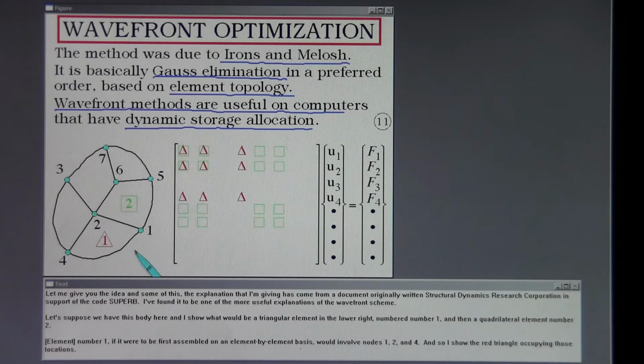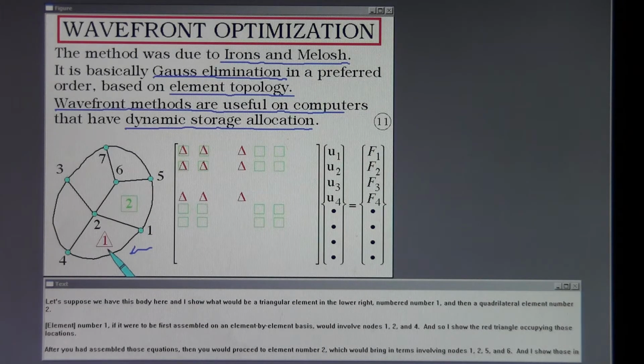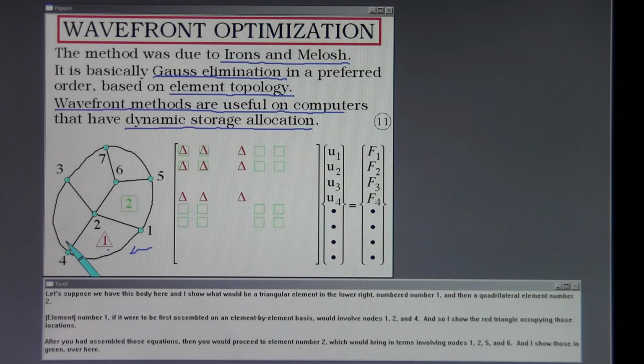Let's suppose we have this body here, and I show what would be a triangular element in the lower right, numbered number 1, and then a quadrilateral element, number 2. Number 1, if it were to be first assembled on an element-by-element basis, would involve nodes 1, 2, and 4. And so I show the red triangle occupying those locations.